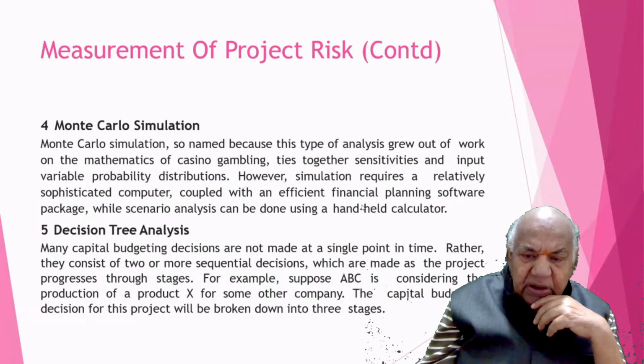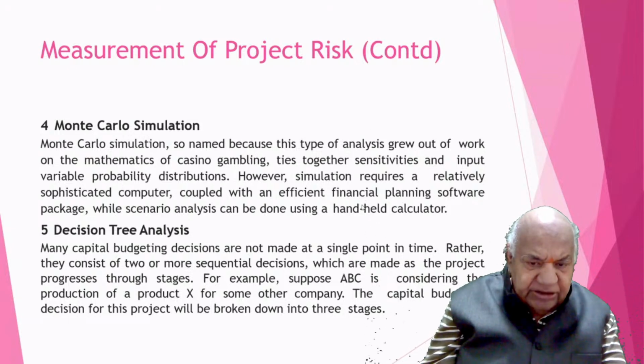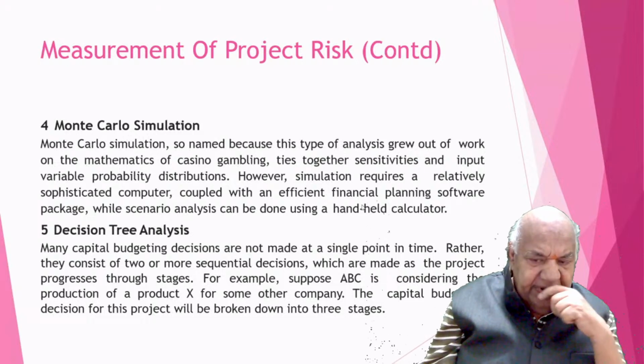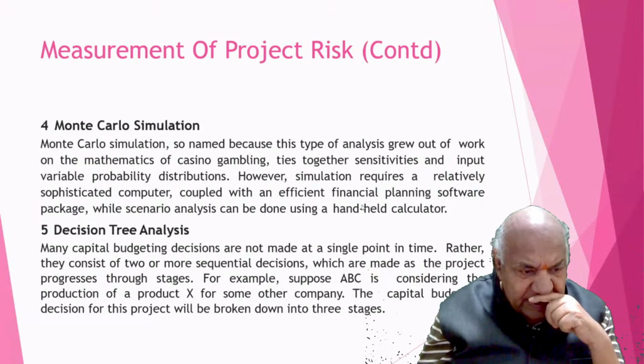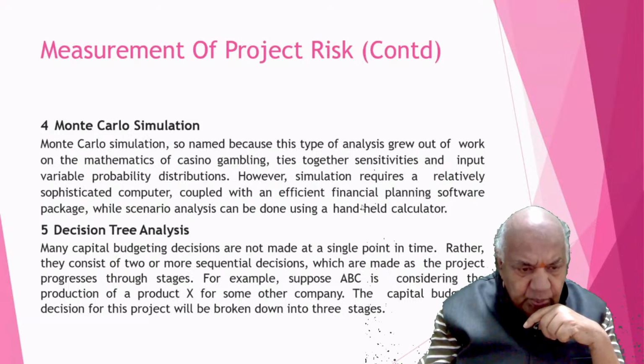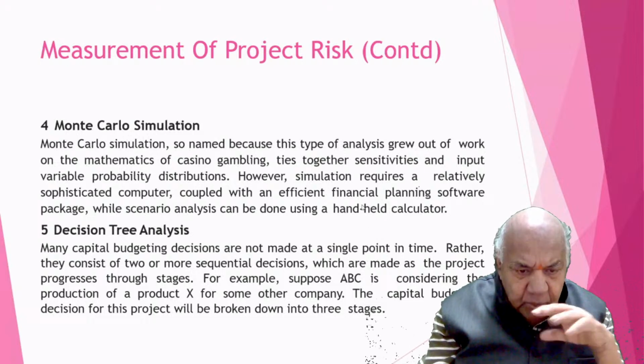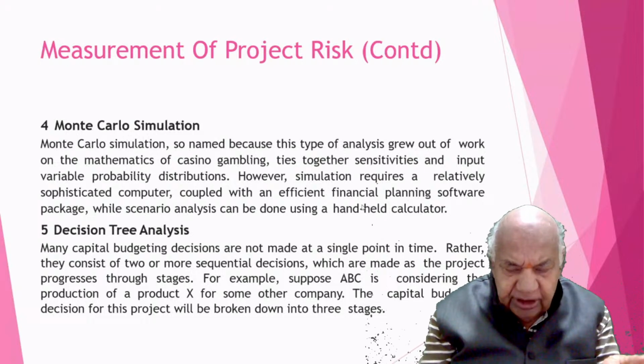For example, suppose ABC is considering the production of a product X for some other company. The capital budgeting decision for this project will be broken down into three stages.